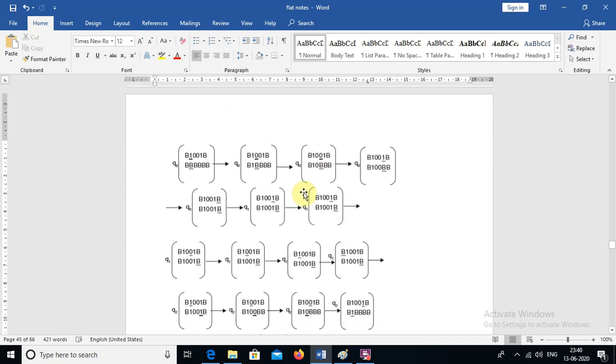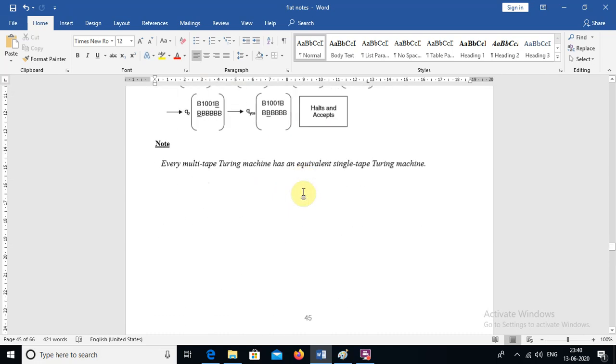This is an ID we already discussed, right? And there is a note related to multi-tape Turing machine. Every multi-tape Turing machine has an equivalent single-tape Turing machine. Before the variations of Turing machine, we had a single tape only. Now we discussed a multi-tape Turing machine.